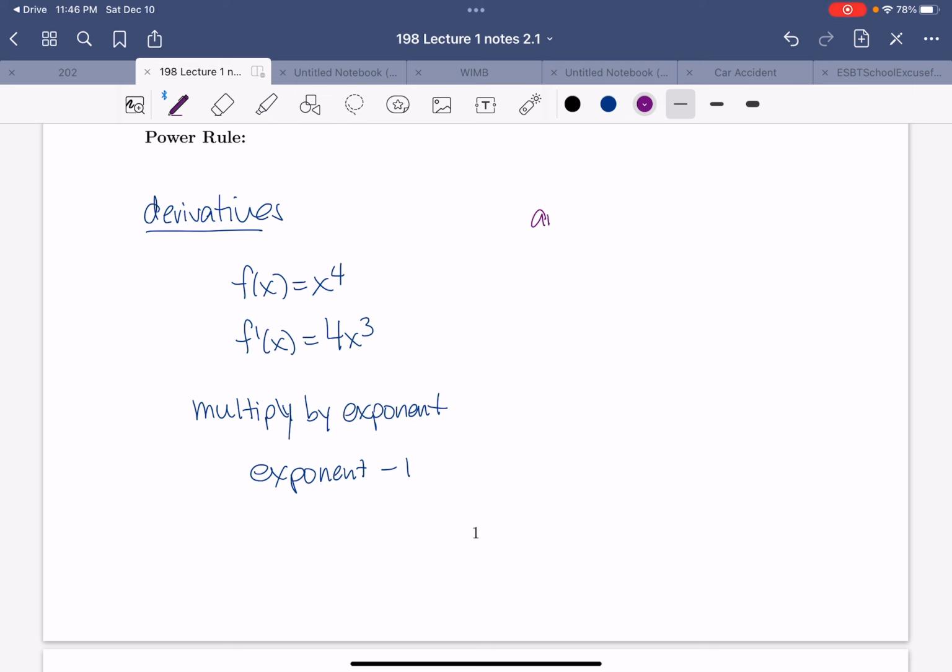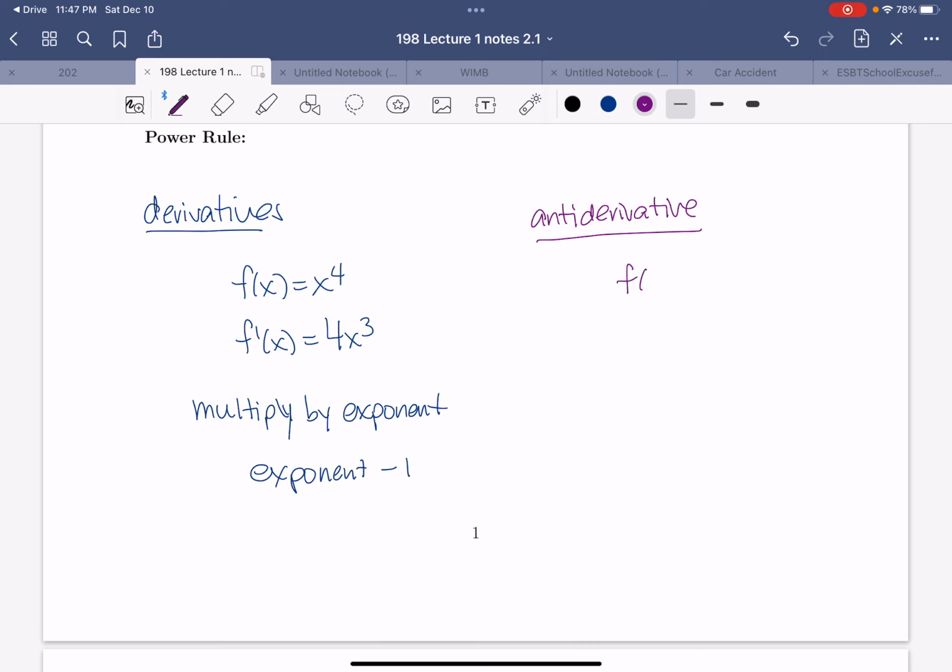For the antiderivative, we're going to think about reversing the process, doing the exact opposite. But I also have to reverse the order. If you put on a shirt and then a sweatshirt, in order to undo that, you have to take off the sweatshirt first. So we have to undo the exponent minus 1 first.